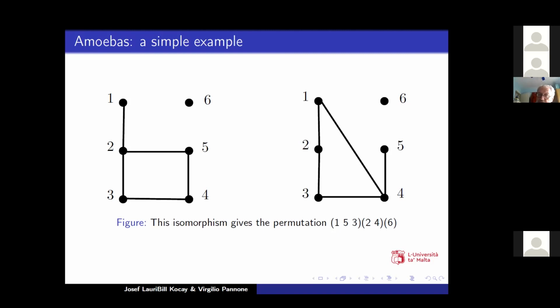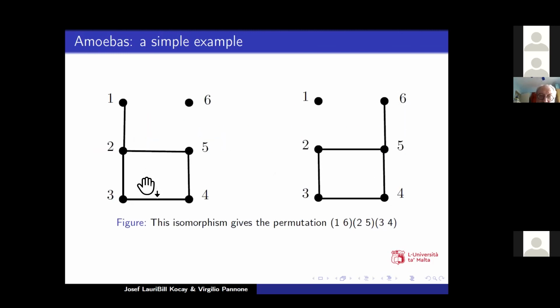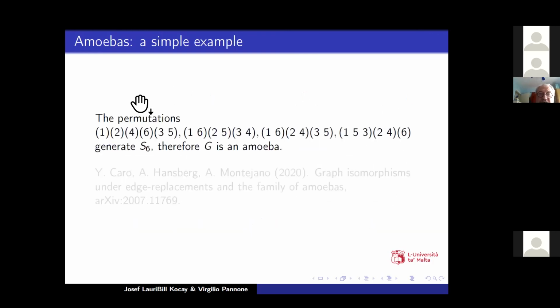Now, you consider all permutations of this type together with the automorphism group of the graph. If between them they generate the whole symmetric group on 6 vertices, S6, because the graph had 5 vertices, 1, 2, 3, 4, 5, and we just added a single vertex, if those permutations generate S6, then G is an amoeba.